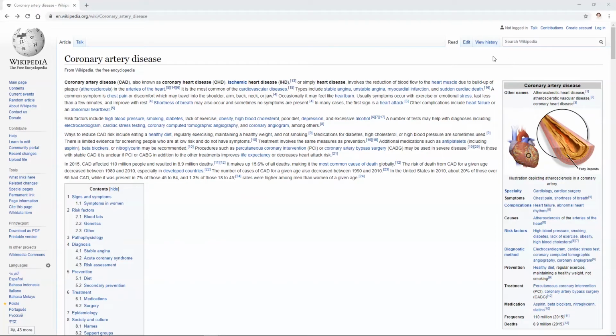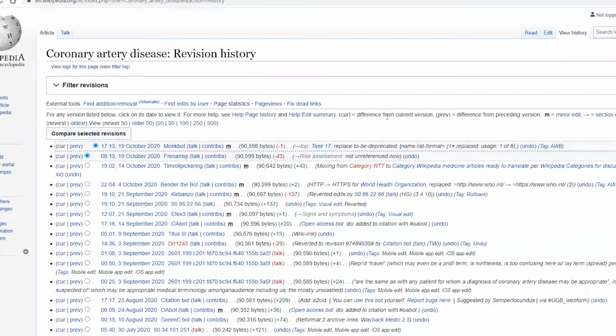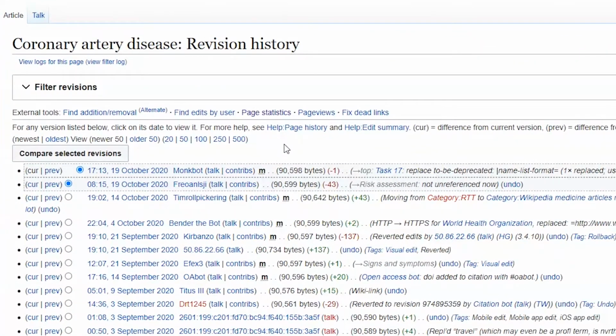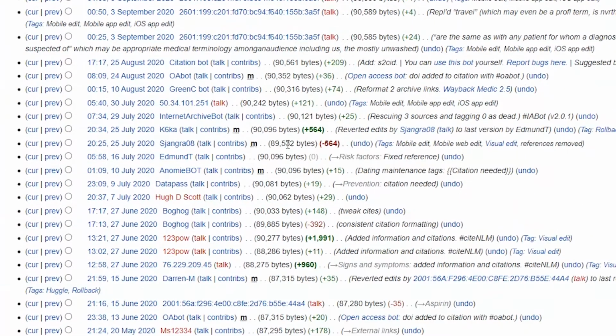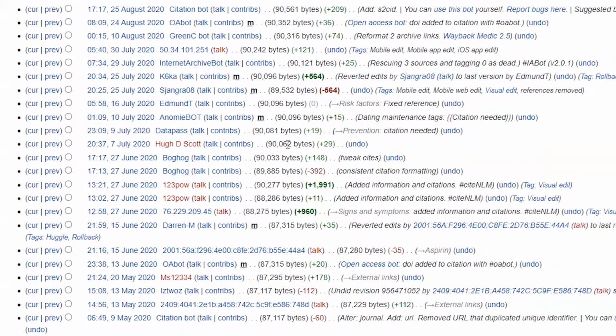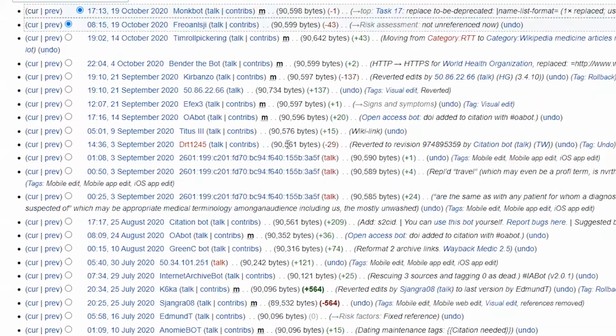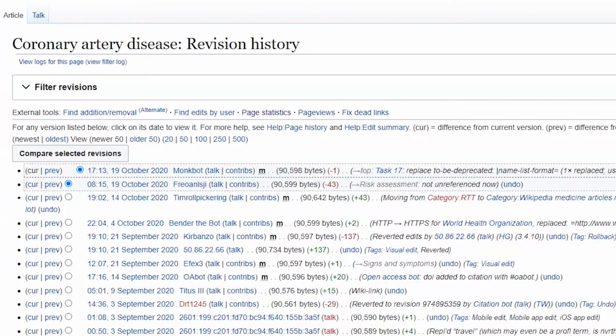On the View History tab of the Wikipedia page, you can see that this page has been edited last on the 19th of October 2020, but that only tells us that one small edit was made on that date. Because Wikipedia is generally edited incrementally, little by little, it's very hard to tell when a particular part of the page was last updated. But if a page is edited very frequently like this one, the page is probably mostly up to date.